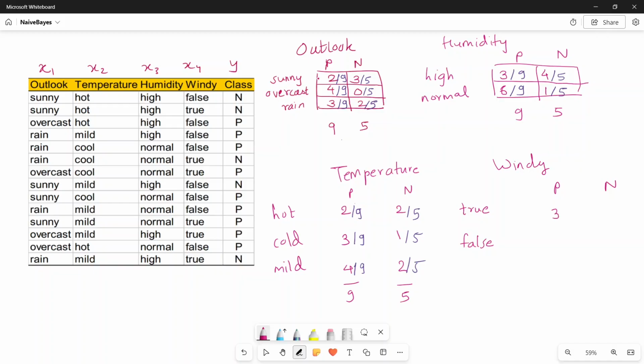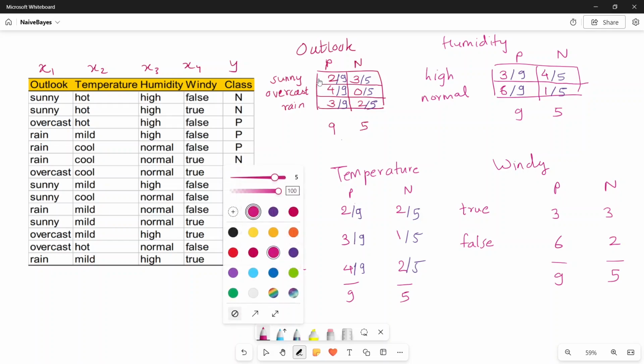Windy true and outcome N occurs 3 times. Windy false and outcome P is 6 times, and windy false and outcome N is 2 times. Take the sum, this is 9. Take the sum, this is 5. In fact, the sum of column P will always be 9 and the sum of column N will always be 5. You can verify that as well.